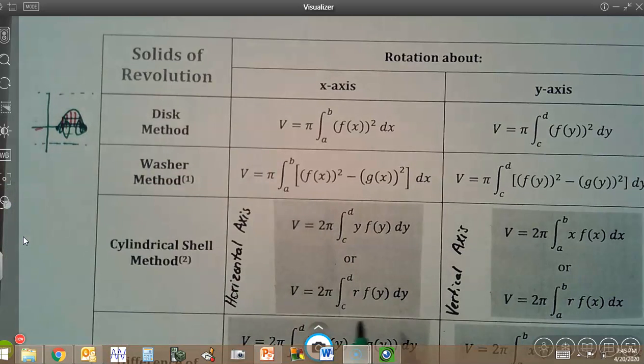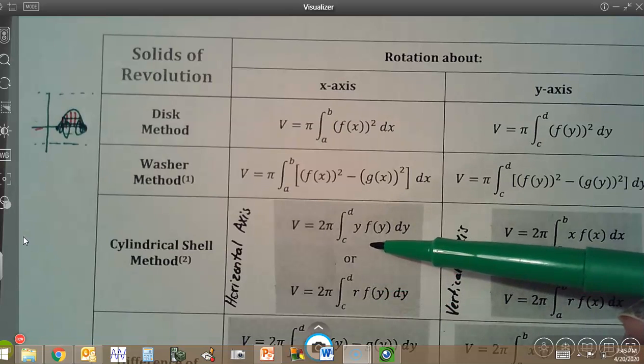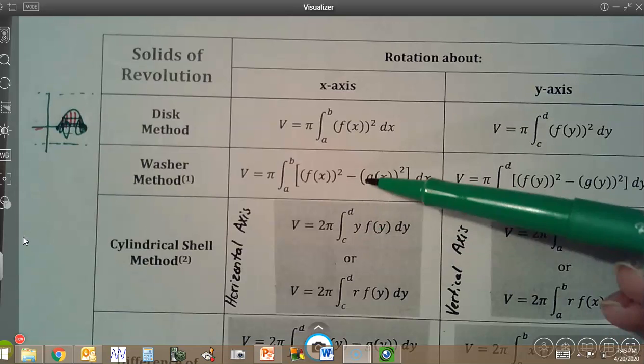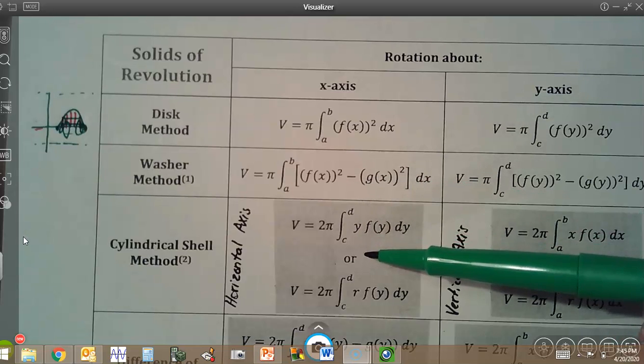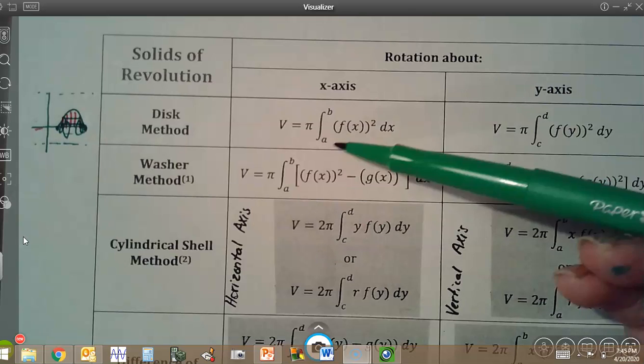For the shell method, the cross section will always be parallel to the axis of rotation. And you can use this when there is a gap between the function and the axis of rotation. So these two can both be used when there's a gap between the axis of rotation and the function itself. But the disc method has to be flush.